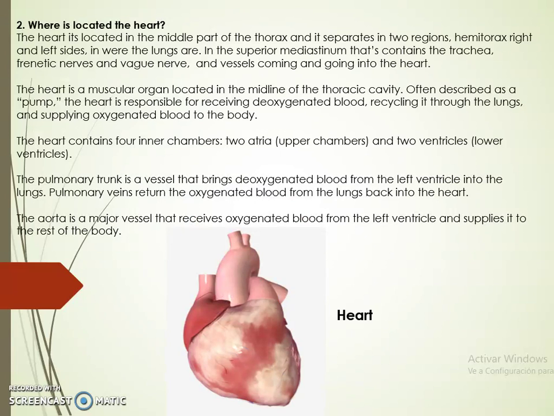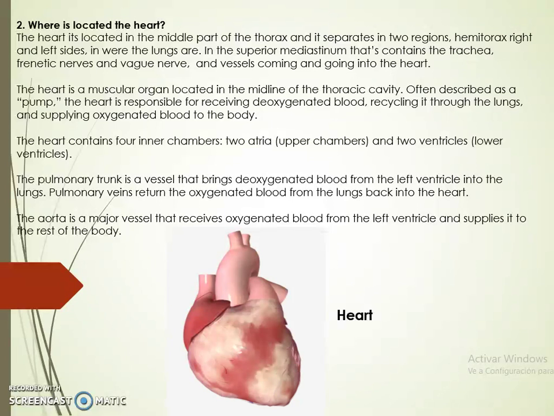Where is located the heart? The heart is located in the middle part of the thorax and it separates into regions, hemithorax right and left sides. In where the lungs are, in the superior mediastinum that contains the trachea, phrenic nerves, and vagus nerves, and valves coming and going into the heart.